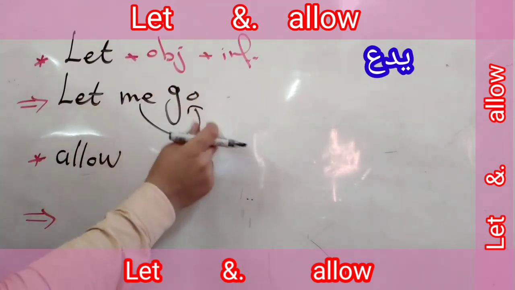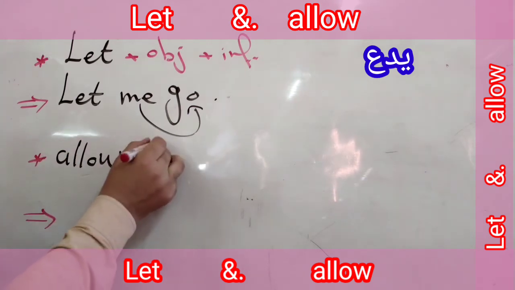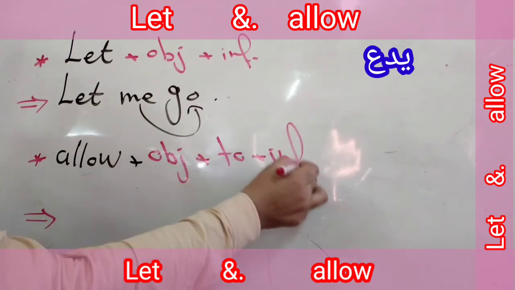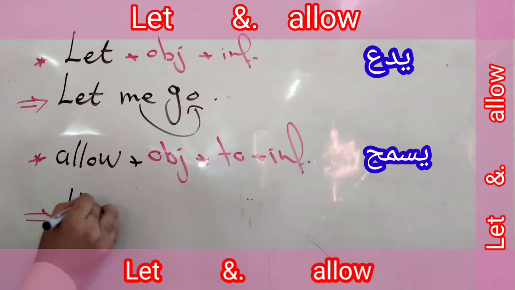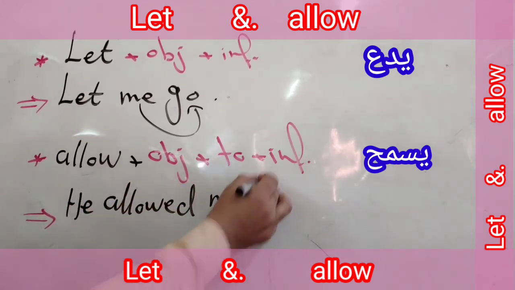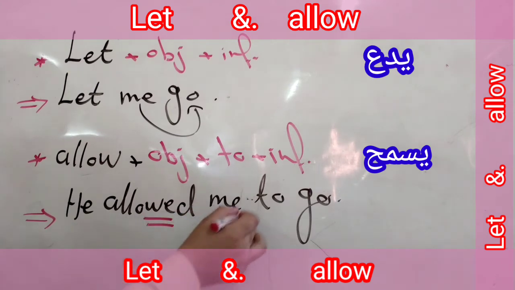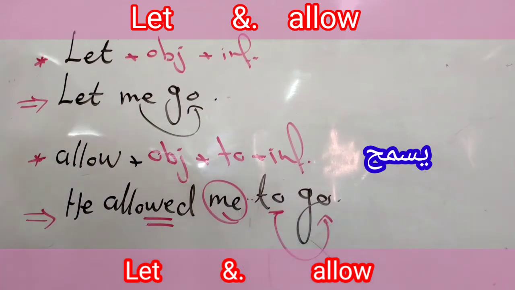Say let me go. Whereas the verb allow is followed by object plus to plus infinitive. So we can say he allowed me to go. Here we use the verb allowed followed by an object plus to plus infinitive.